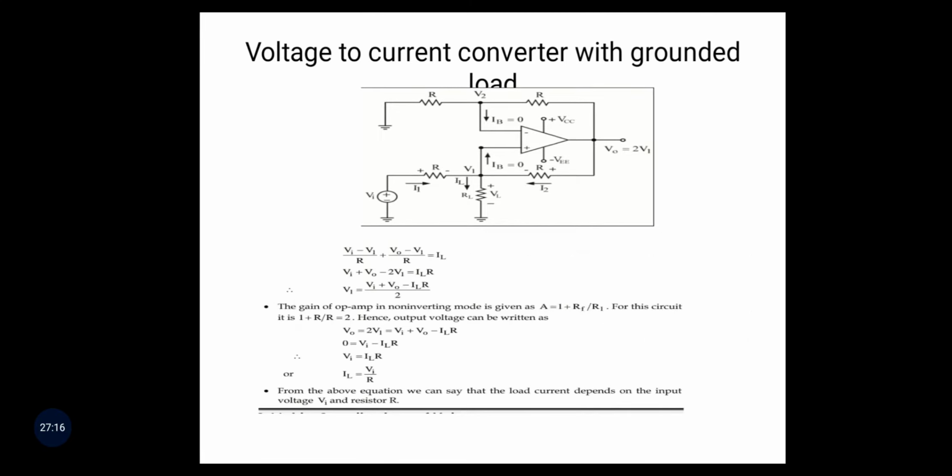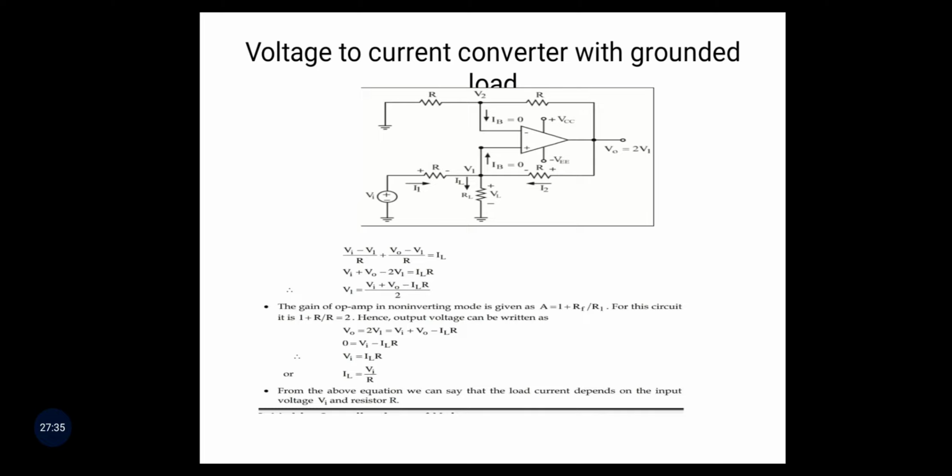Here we apply the Kirchhoff current law at two nodes, A and B. We apply the Kirchhoff current law at node 1, the positive terminal, with Vi minus V1.